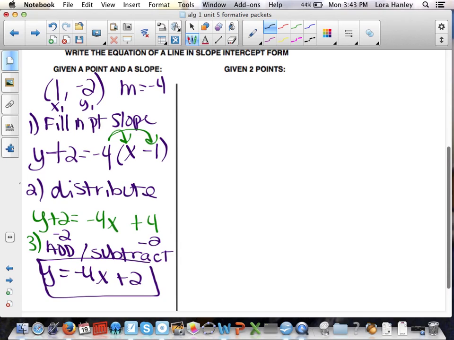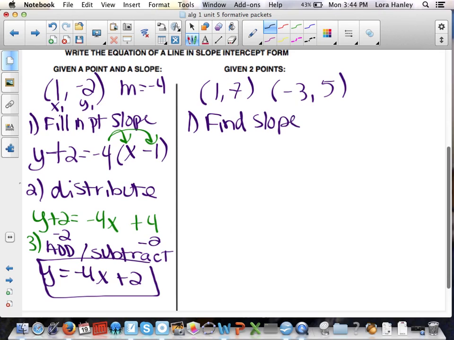We can do the very same thing with 2 points. However, we don't have a slope, so that's going to be our first step, is finding that slope. So let's make 2 points, 1, 7, and -3, 5. So when I set this up, we need to find slope first.